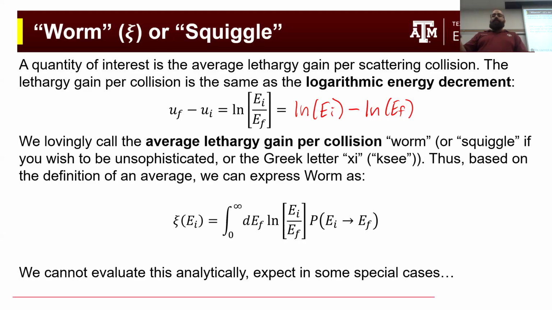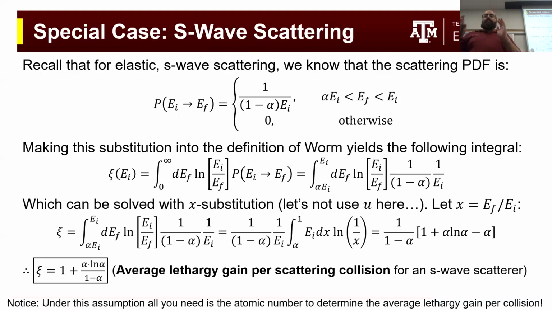And you can't really evaluate this integral except in special cases where you know what this probability density function is. For S-wave scattering, we know what that density function is, so we can plug it into our integral and get an integral that is analytically solvable. It kind of looks complicated, but technically you would use U substitution, but we're already using U for lethargy.